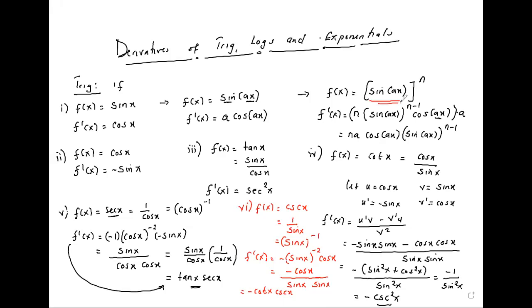So you first write it under the power, and then differentiate it. If you are given u to the power n to differentiate, you first bring down n, then u to the n minus 1, then differentiate u. Okay, sir, thank you.